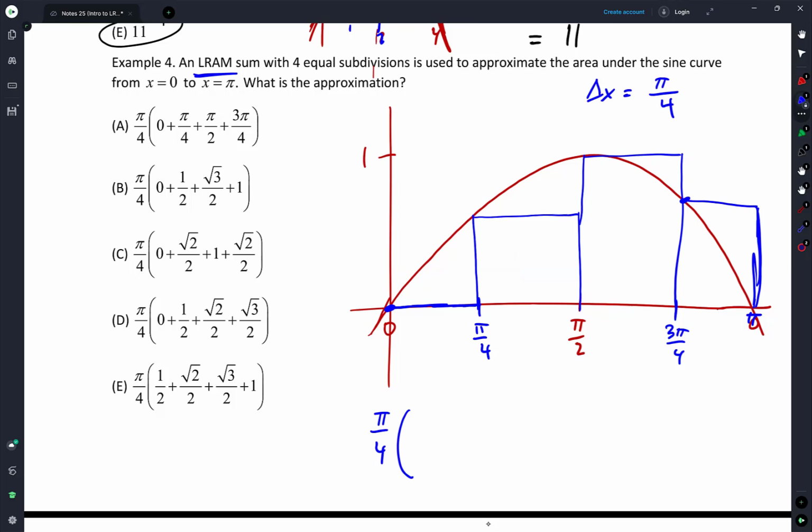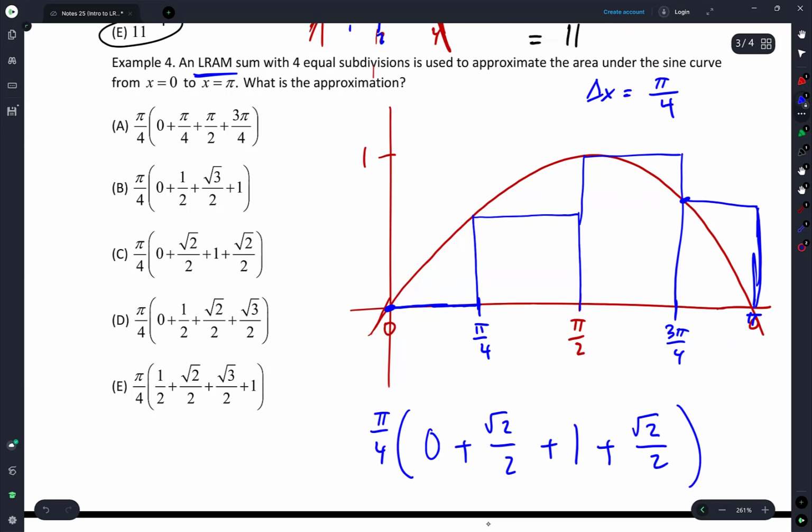The first one was 0, so 0 plus, what is sine of pi over 4? Square root of 2 over 2, plus what is sine of pi over 2? 1, plus what is sine of 3 pi over 4? Perfect. There it is. Look for that answer. I think it's letter C. Do you guys see that?